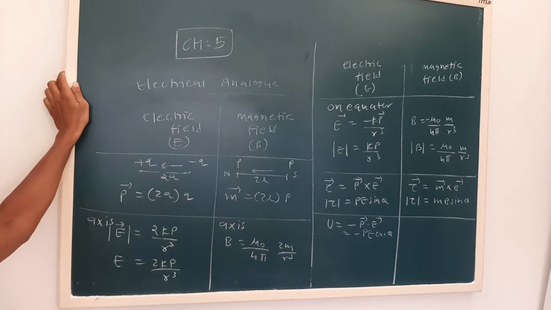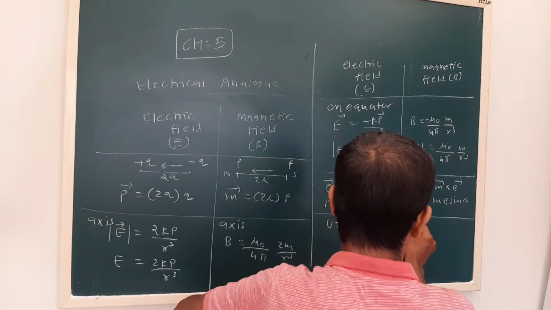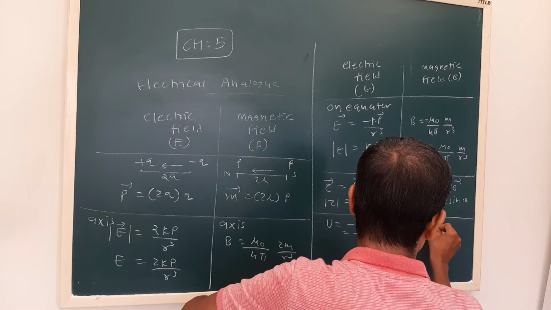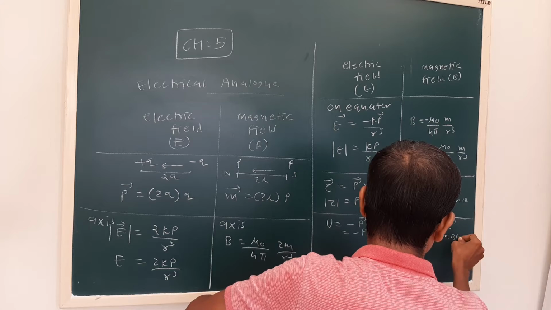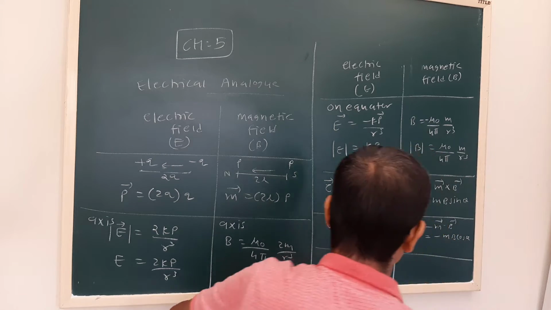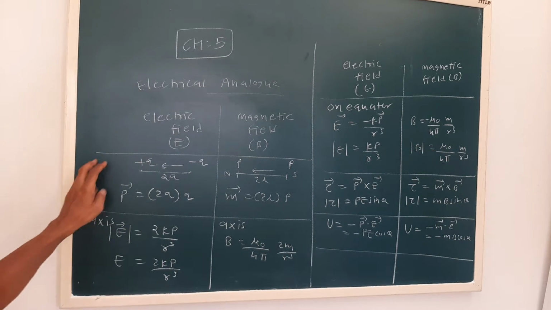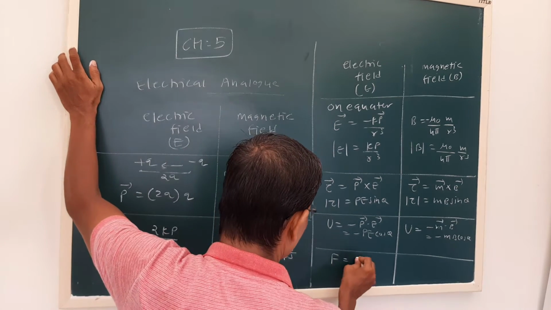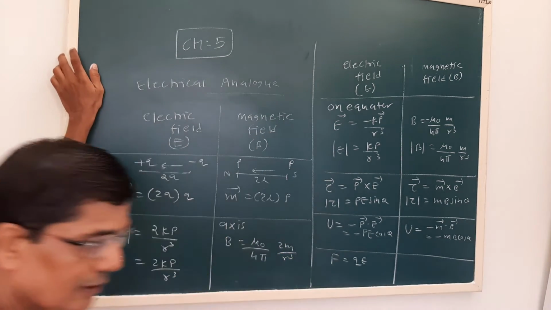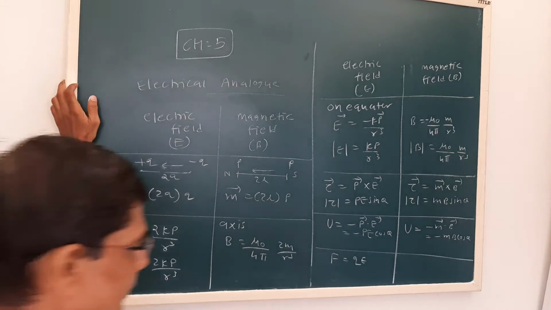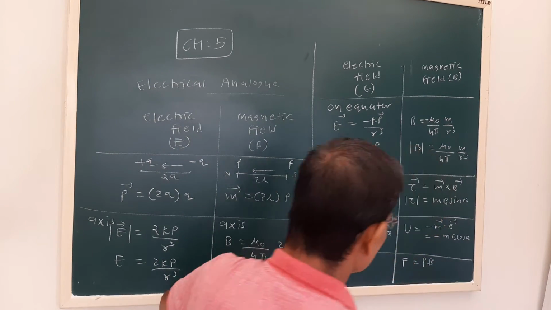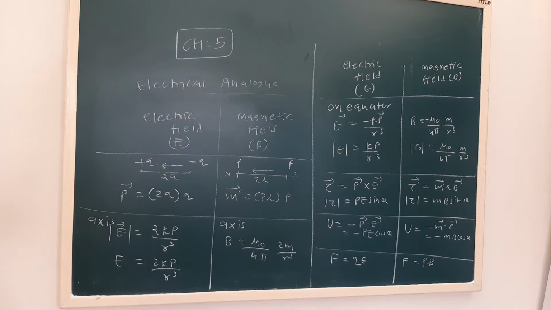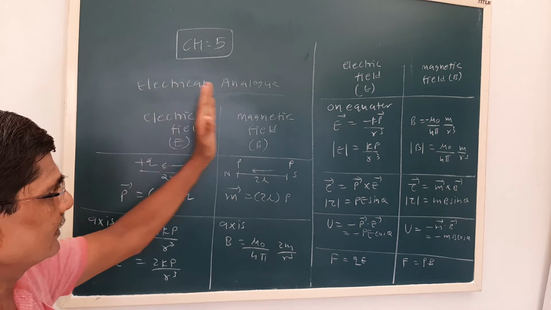Here also, the potential energy of a magnetic dipole is minus m dot B, that is minus mB cos theta. Now see, from the first lesson, electric force F is equal to q into E, that is the magnitude of the force is qE. Here the magnitude is m into B. Okay, so this is an electrical analog or comparison between electric field and magnetic field.